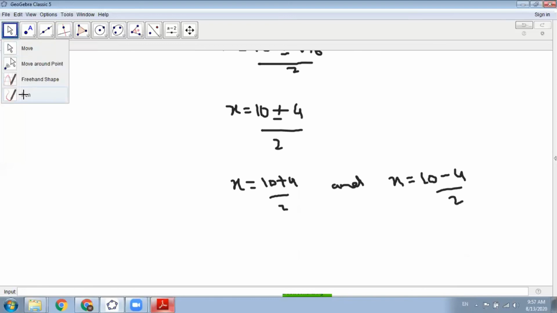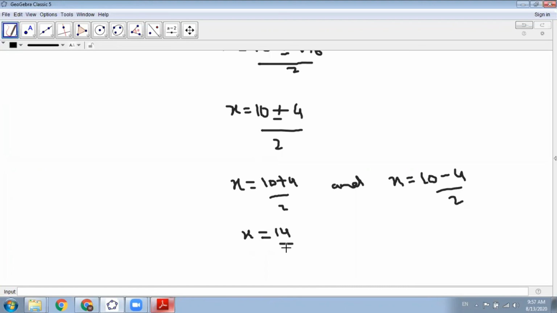It becomes 14 over 2. We cancel out, so it becomes x equals to 7. And this becomes 6 over 2. Cancel out, becomes 3.